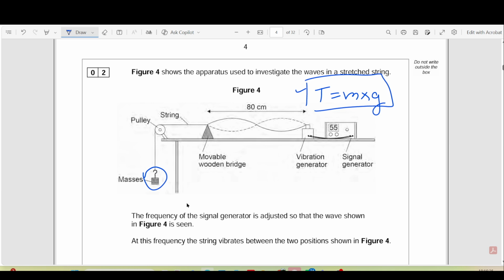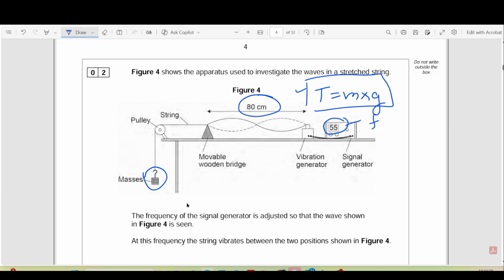Then he will turn on the generator and adjust the frequency, and the stationary wave will form. Then he will measure the wavelength, which is the distance of the loops. From the signal generator he will record the frequency.